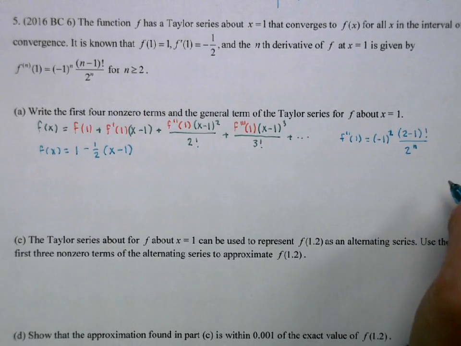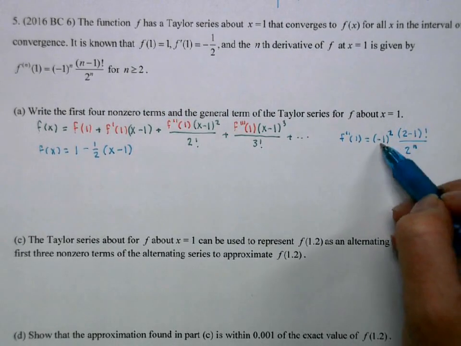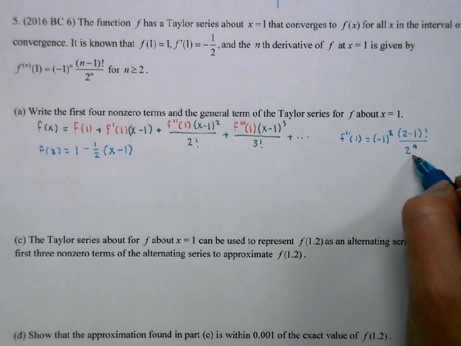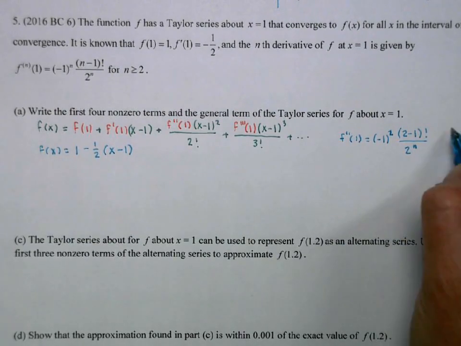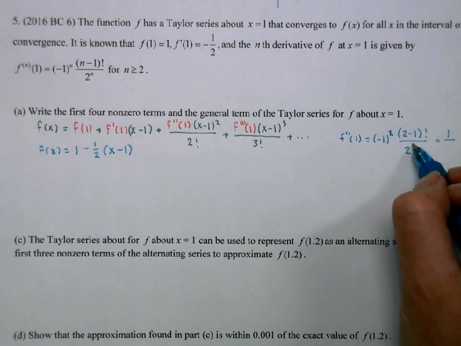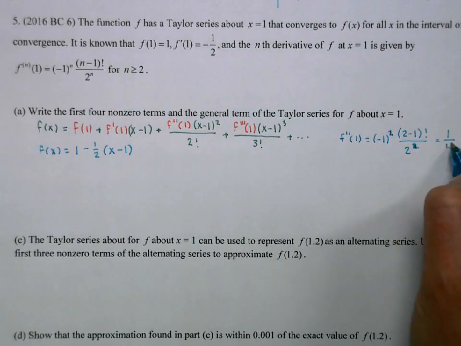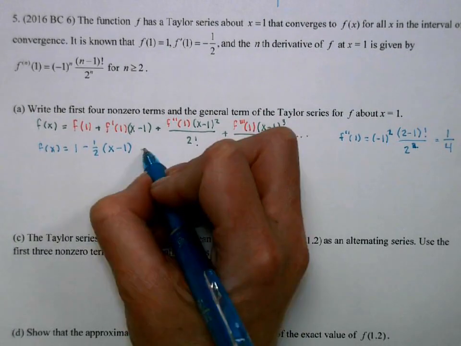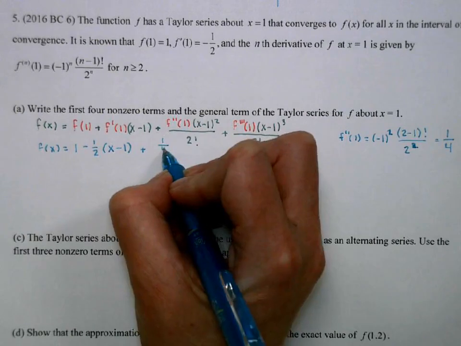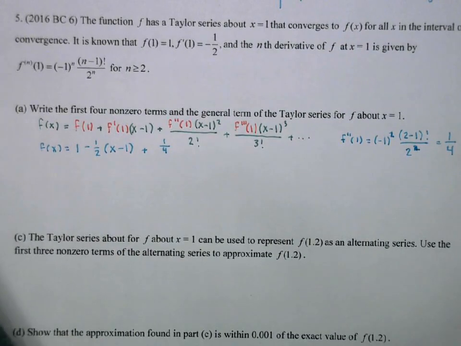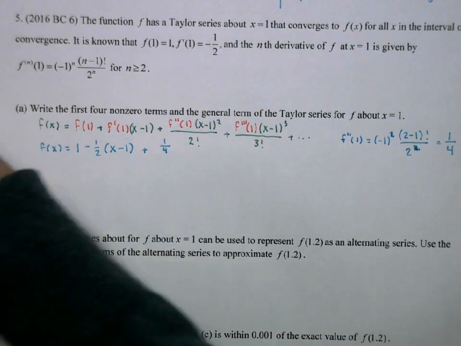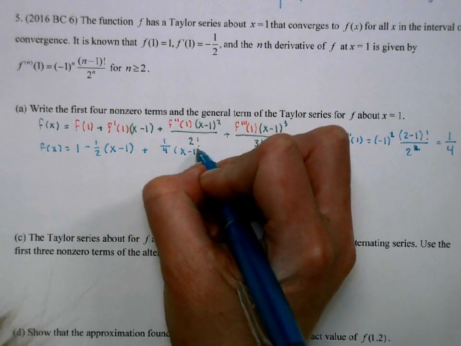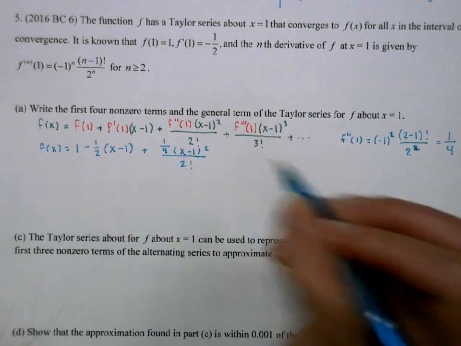Okay, if we simplify that, we have a positive 1 factorial over 2 to the 2, over 4. Okay, and then one more.